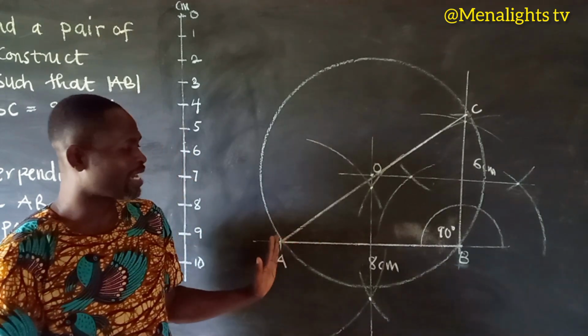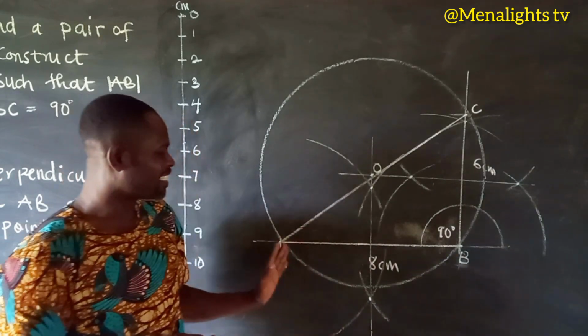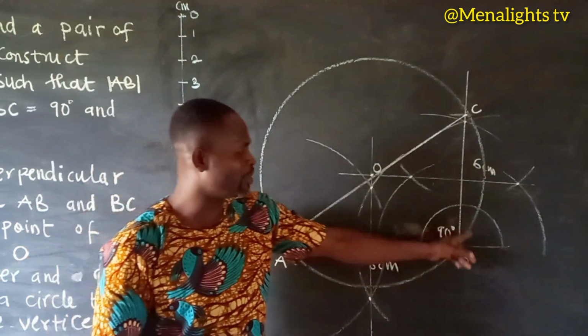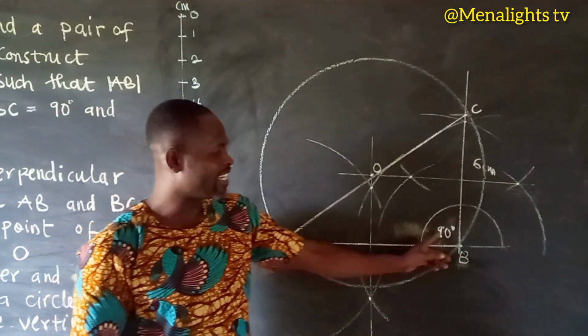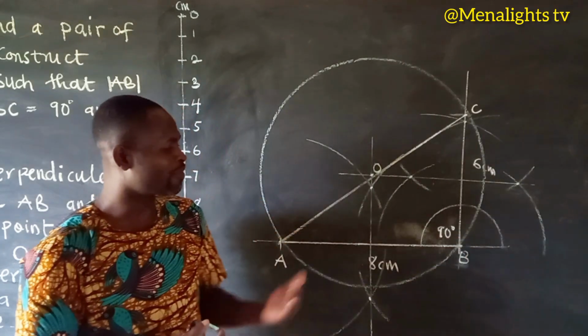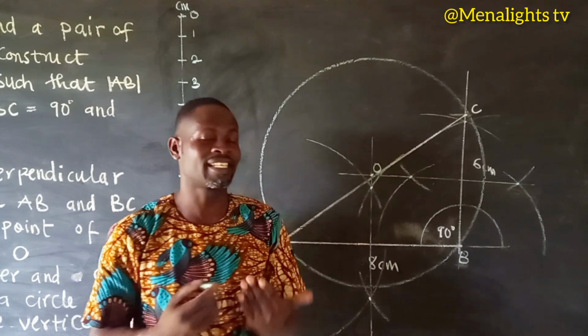First, they say construct a triangle ABC such that the line AB is 8 centimeters, and the angle ABC is 90 degrees. So the angle is at B, so we have the 90 degrees there. The distance from B to C is 6 centimeters.